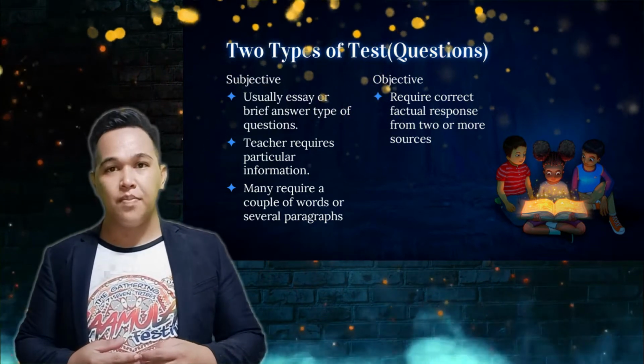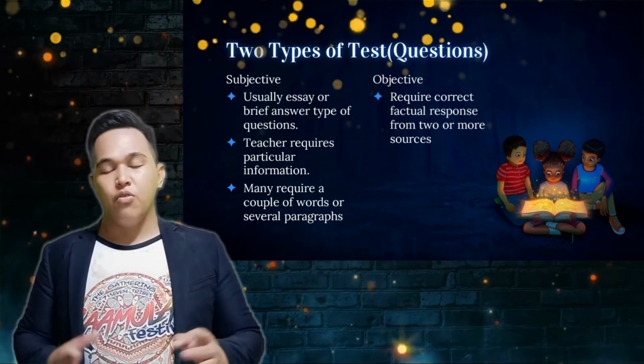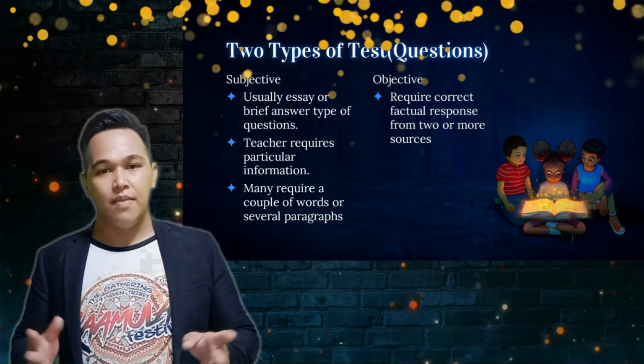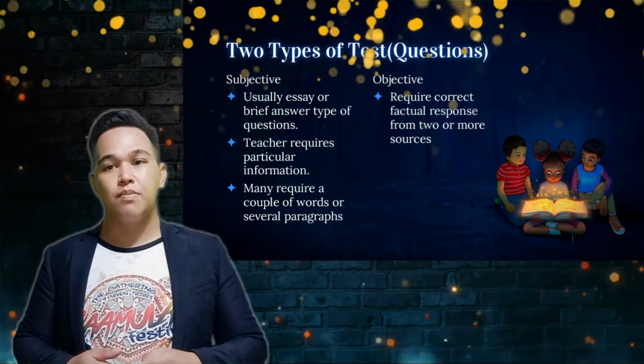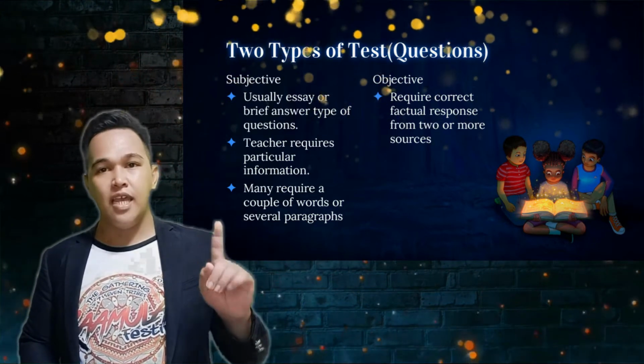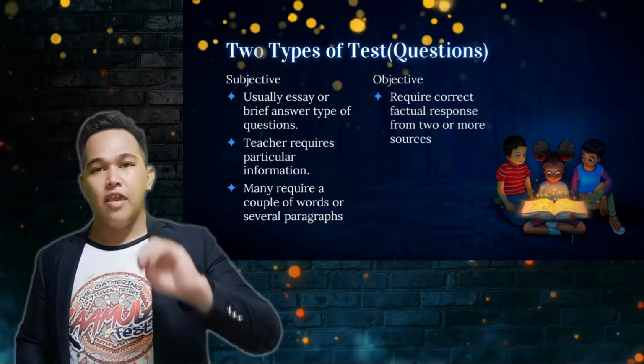Teachers require particular information or an answer, meaning criteria, a couple of words or several paragraphs. The subjective type includes items such as short answer essay, extended response essay, problem solving, or a performance test.